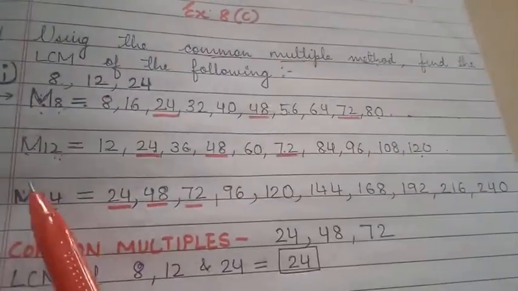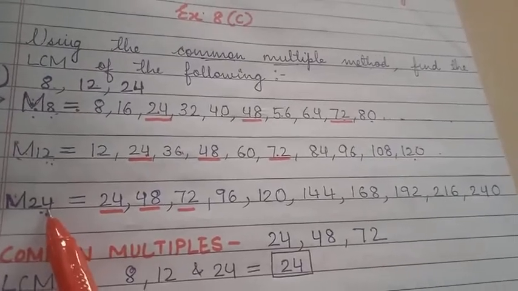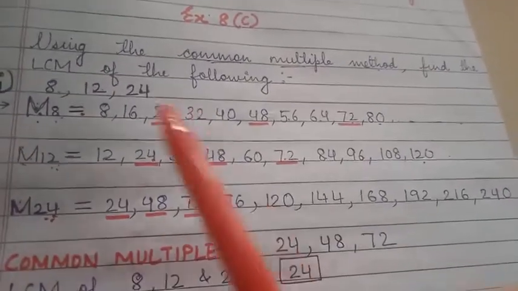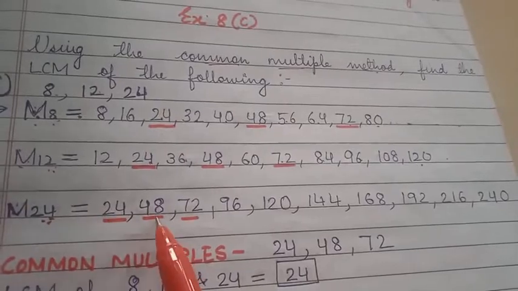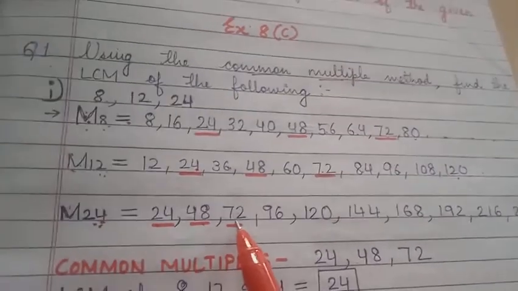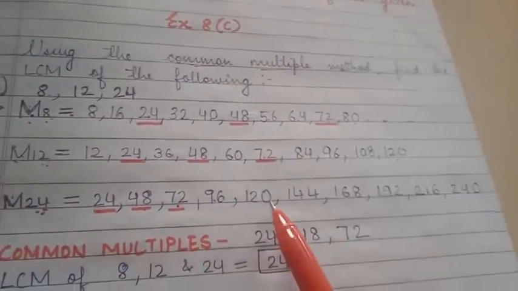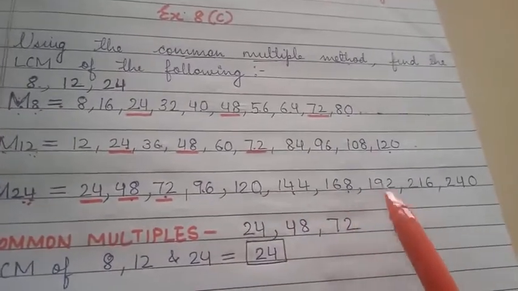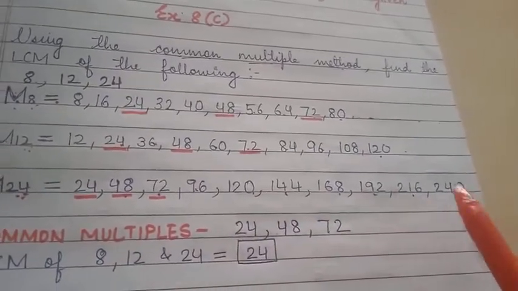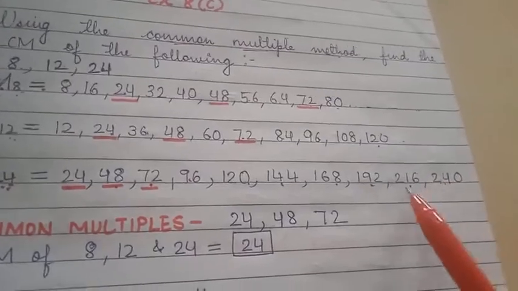M of 24 means the table of 24, that is called multiples of 24. 24 ones are 24, 24 twos are 48, 24 threes are 72, 96, 120, 144, 168, 192, 216 and 240. If needed, you can continue.